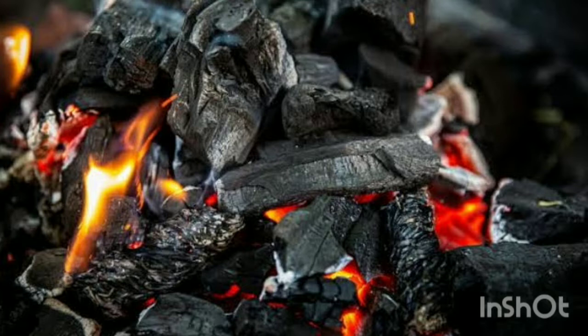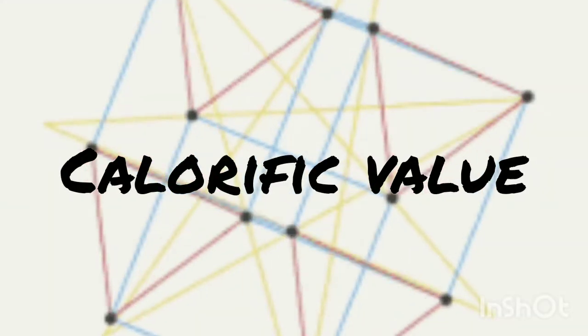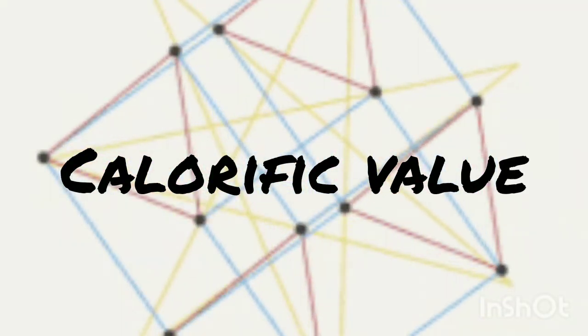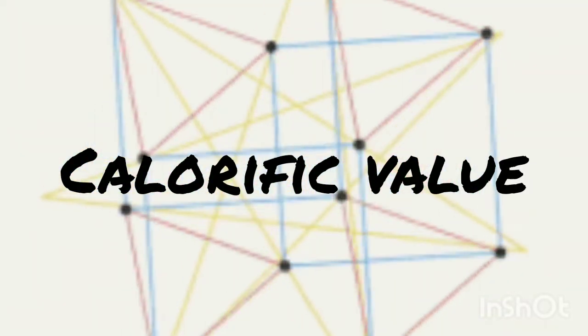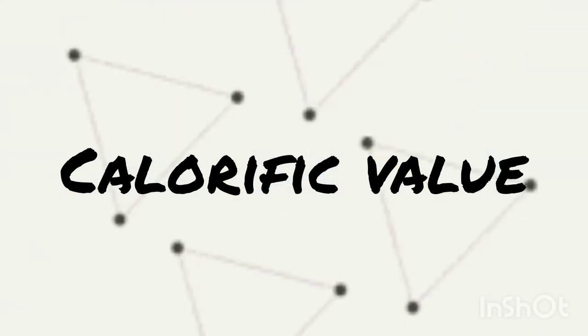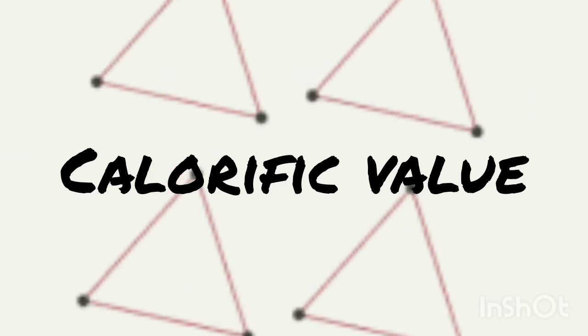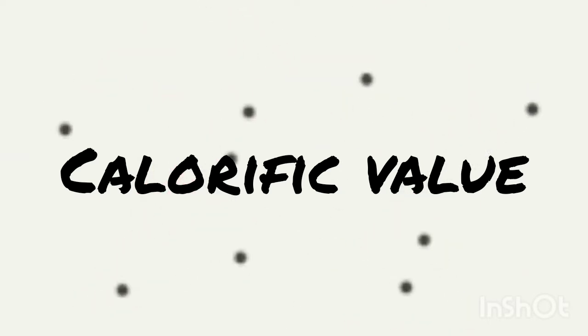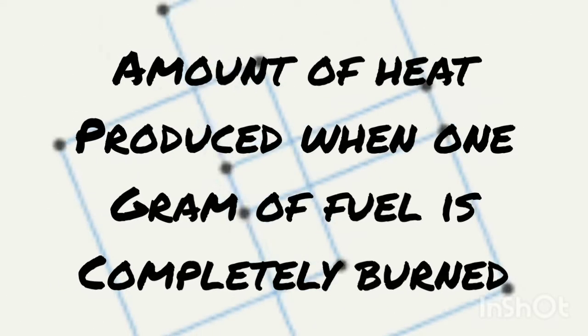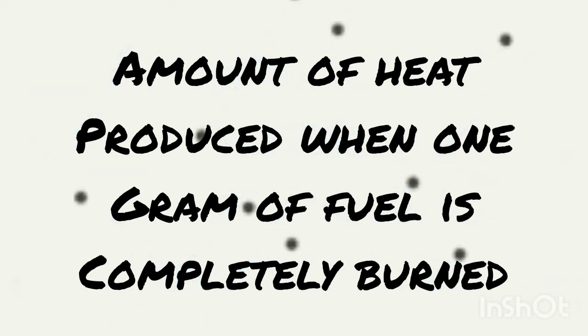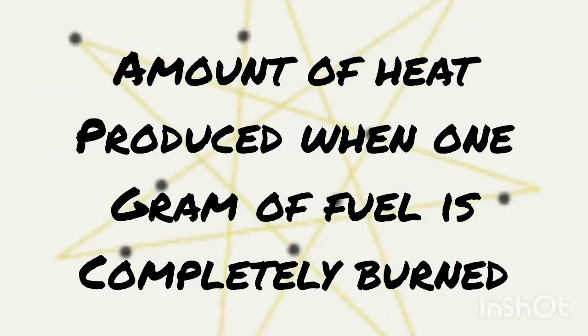Among all, the most important characteristic of a fuel is its calorific value. Now, what do you mean by calorific value? Calorific value of a fuel is defined as the amount of heat produced in kilojoules when 1 gram of fuel is completely burned.